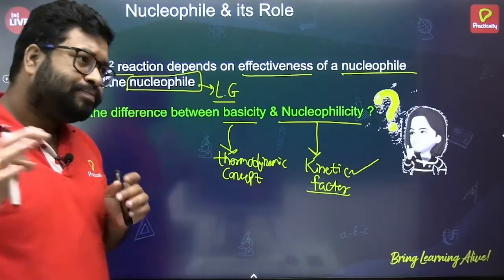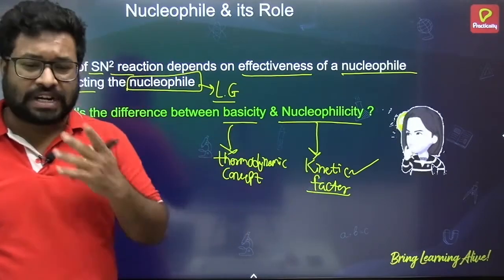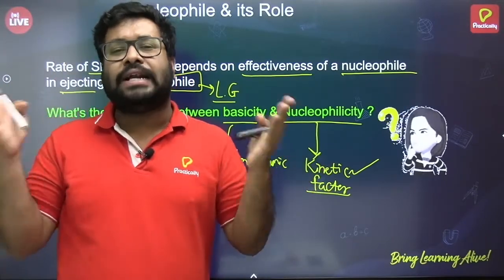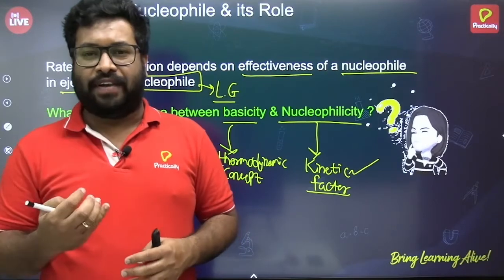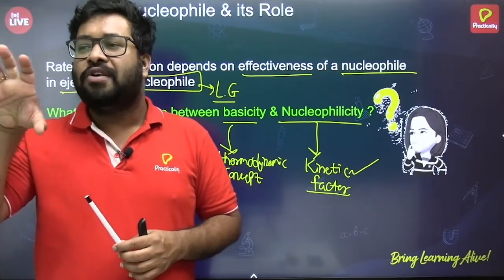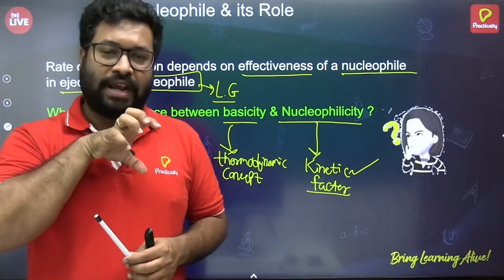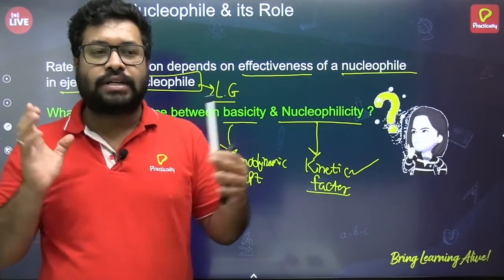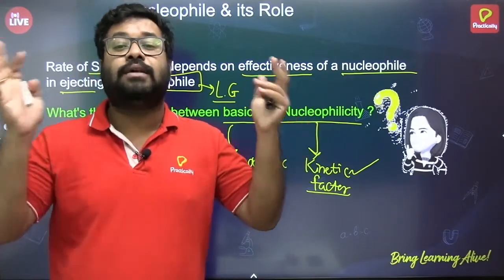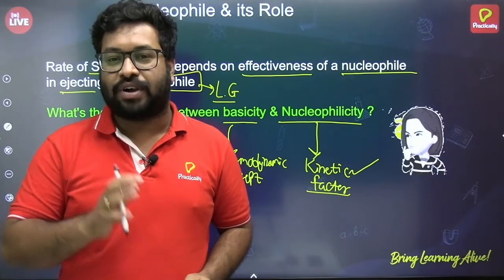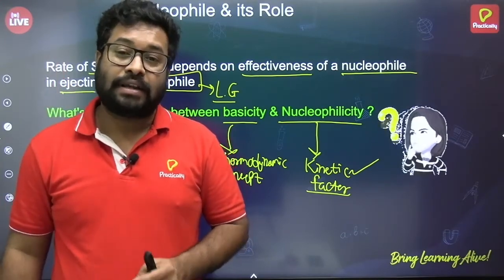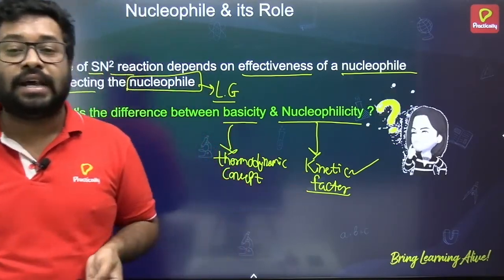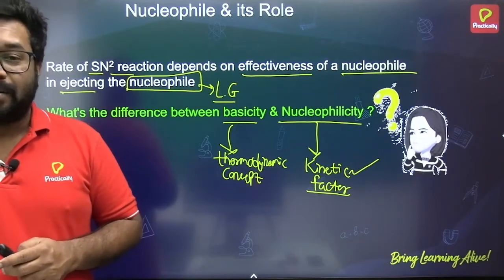Okay, so despite these two differences, many times it becomes quite difficult to identify which is a nucleophile or which is a base. So I'm going to tell you some of the differences and some of the similarities between them, because this point is most important. There have been so many questions asked on this in previous examinations.